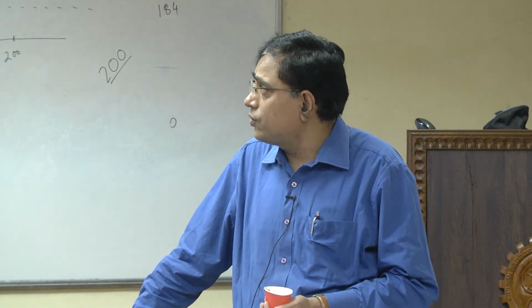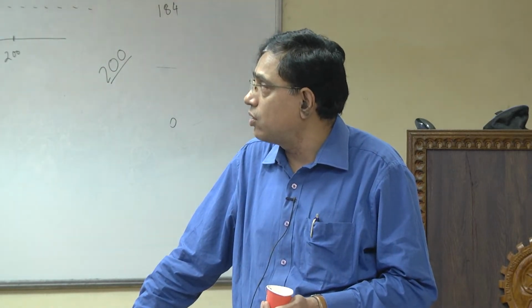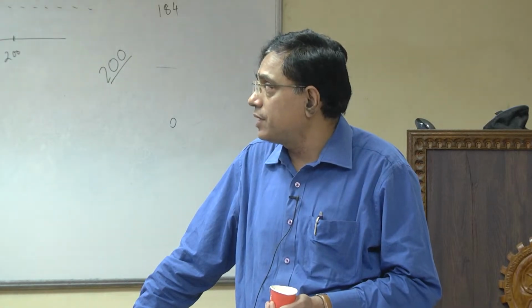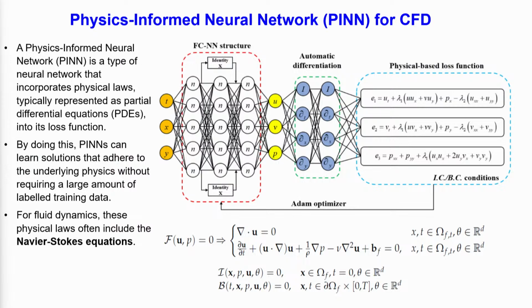So, a physics informed type neural network is a type of neural network that incorporates physical laws, typically represented by partial differential equations, which is our Navier-Stokes equation.